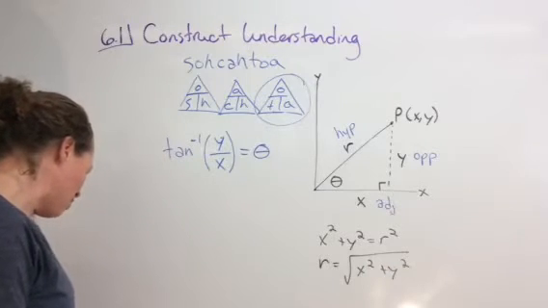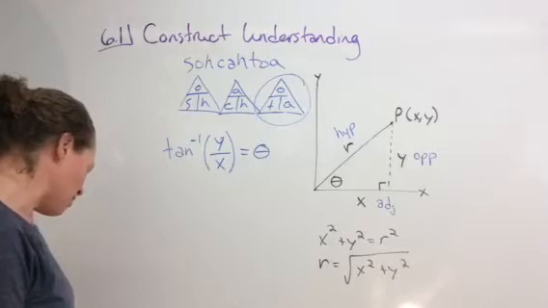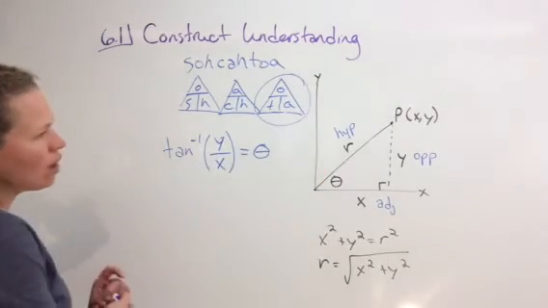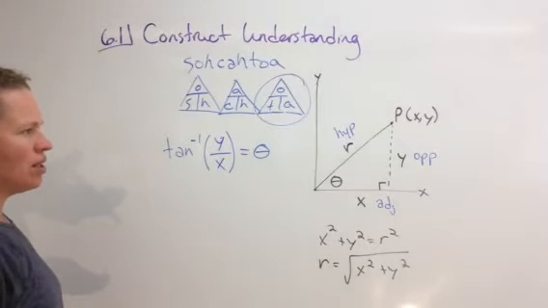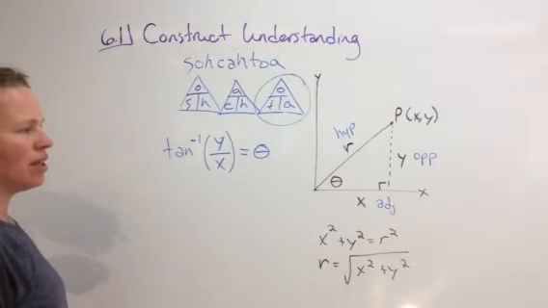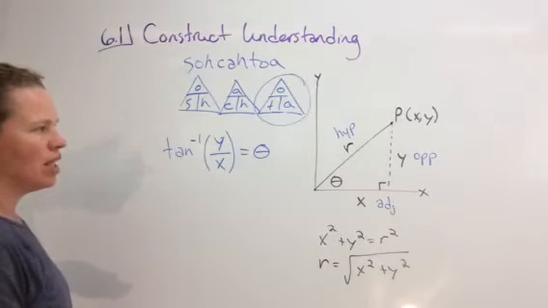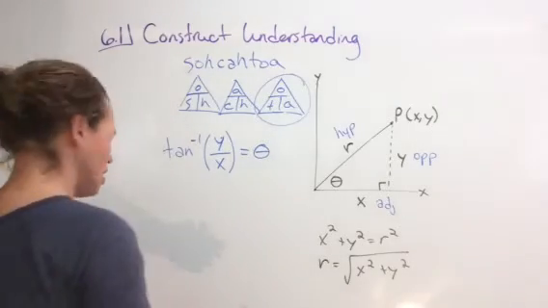But what if I wanted the x coordinate and I had r? The next thing they want us to know is, say they give us the length of r and they want the x coordinate. Well, now they have the hypotenuse, we have the angle, and we want the adjacent.